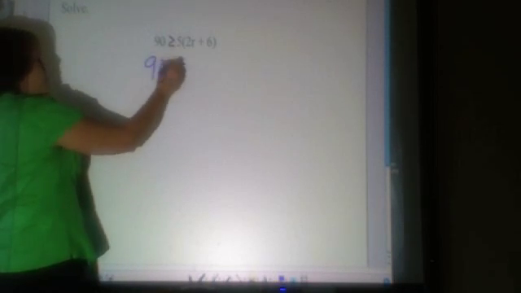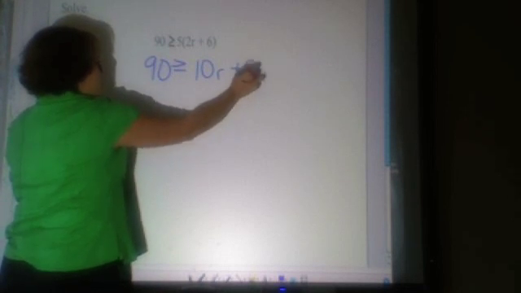All right, let's solve this inequality. What is the first step? Distribute the 5. Everyone else should be distributing on your paper. When you're finished, look up here and see if you did it correctly. Next, what do I do? Subtract 30.